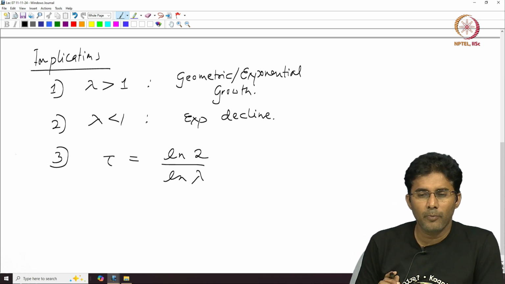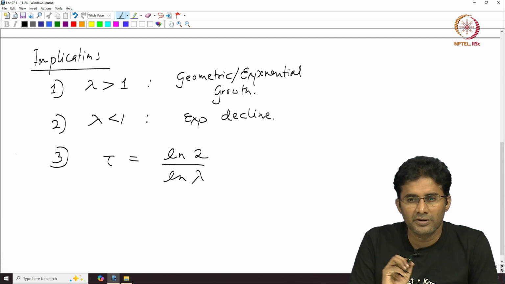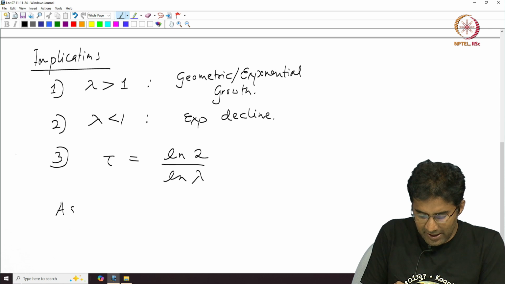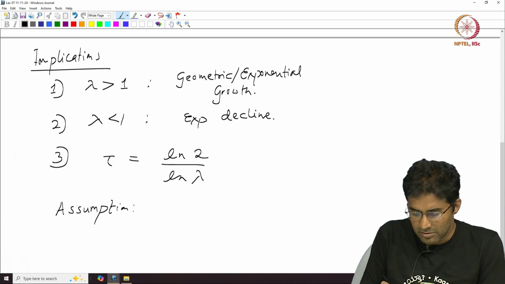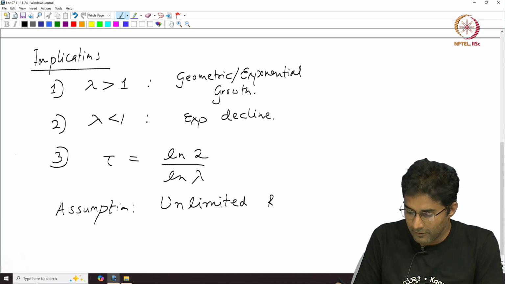And a crucial assumption behind this discrete time geometric population model was that there were unlimited resources. Okay.